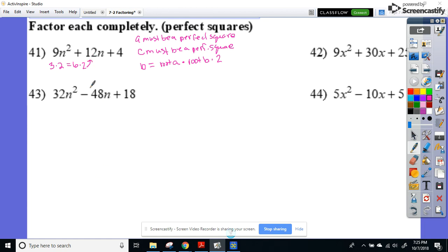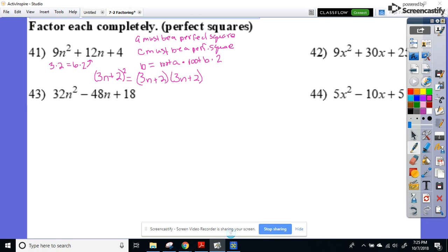That means that this is a perfect square, and all you have to do to factor it is put the root of 9 in front with an n, make this sign match this sign, and put the root of that one at the end and stick a little square up there. Remember, that right there means 3n plus 2 times 3n plus 2.